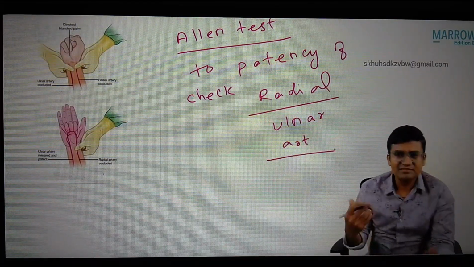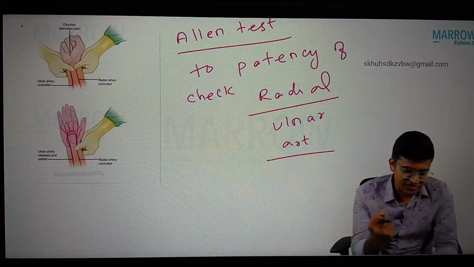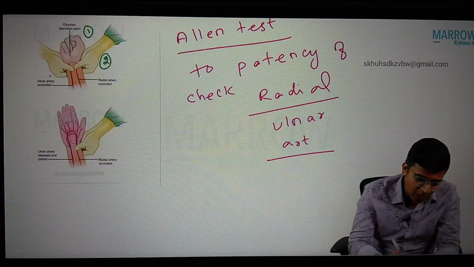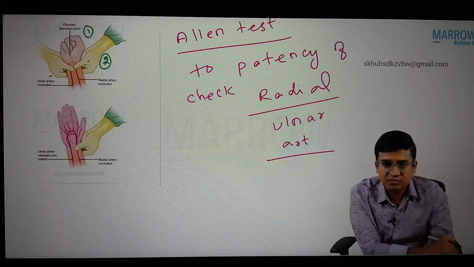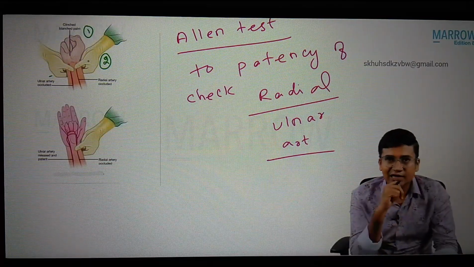Now, this test is very simple. First step, we ask the patient to make a fist. Second, we give pressure on both sides of the wrist. By doing this, we are blocking both the radial artery and the ulnar artery.